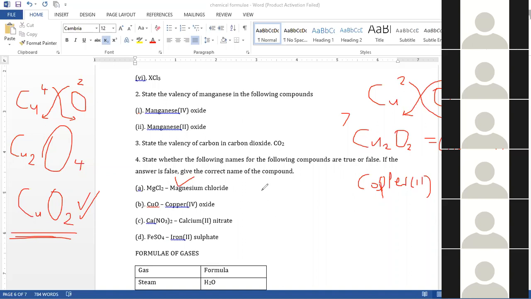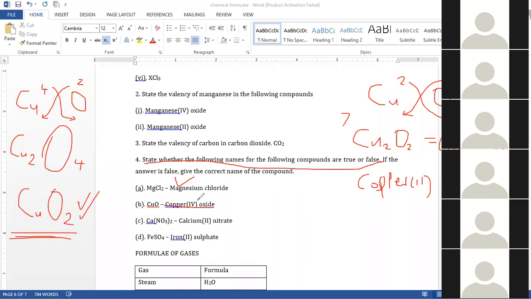Those are the 2 radicals that we have for copper only. We cannot have a valency of 4 for copper. That is why we are not taking the name copper 4 oxide, because the question says state whether the names given are true or false.